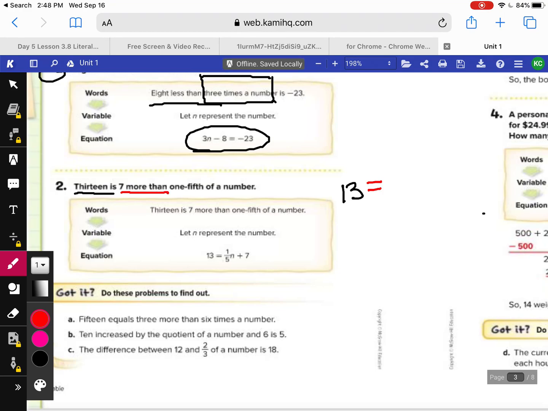7 more than. Now again, it's important to look at that more than, just like the less than that we looked at up here, tells us that it's more than something, and that something has to come first.